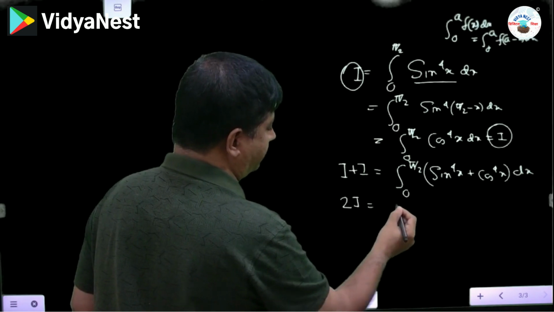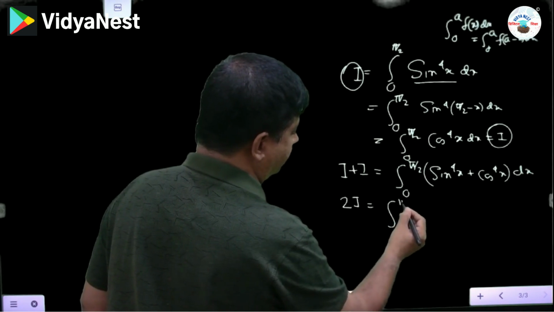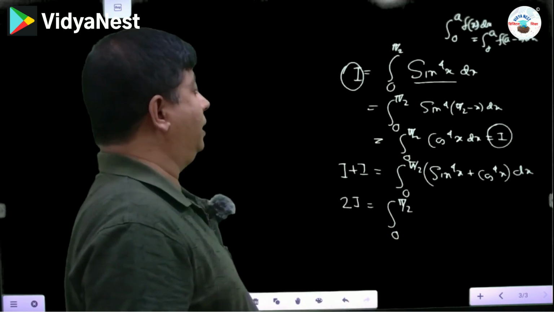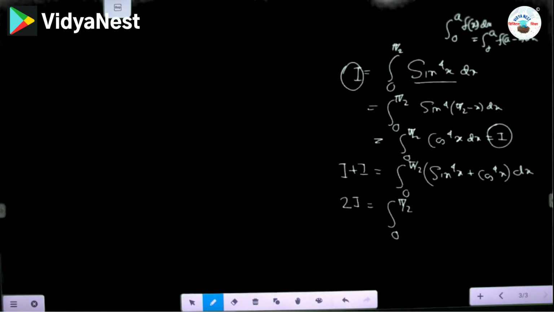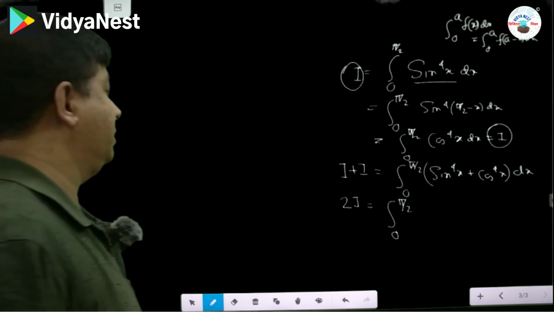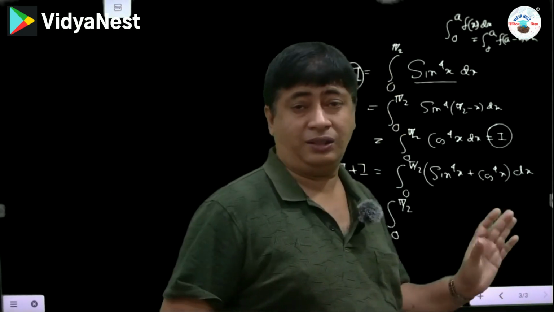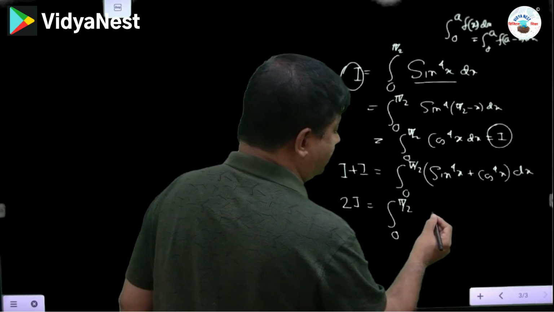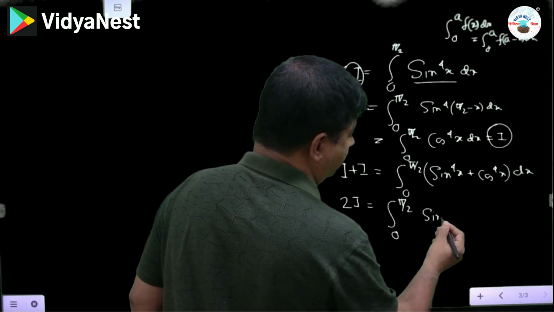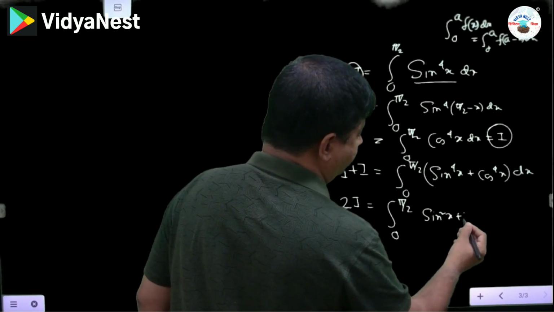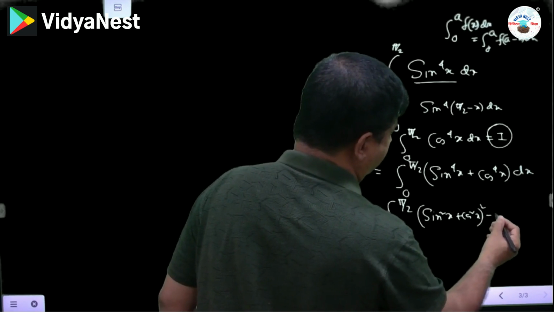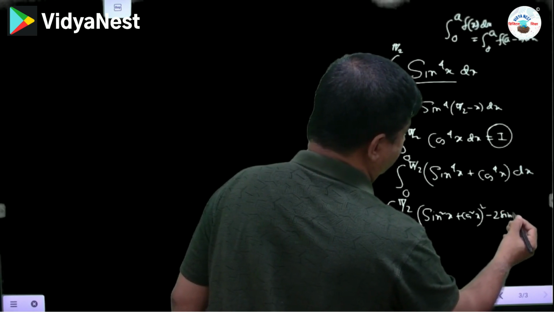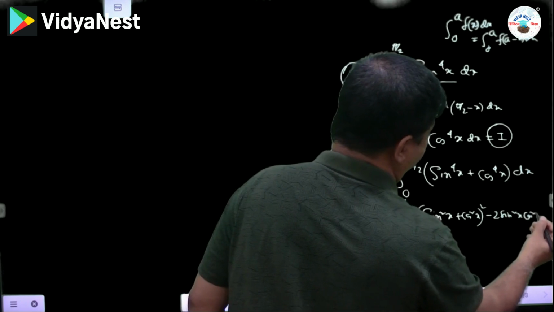2I. You know the a square plus b square formula, a very known property of your junior class. That means a plus b whole square minus 2ab.